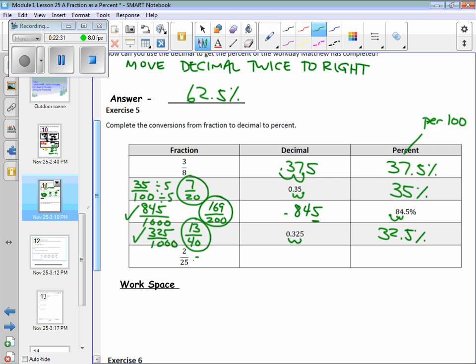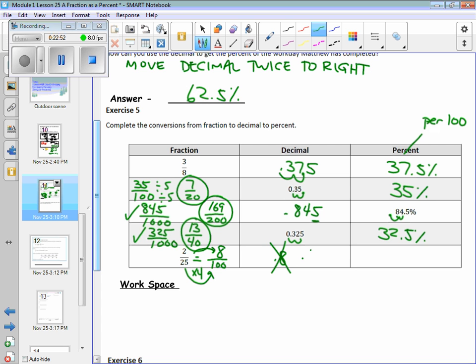2/25, 25 is a multiple of 100. So we can use the rainbow method or TRF. Times 4. And that's going to give you 8 out of 100. You just have to be careful when you create your decimal. It is not 0.8. That's 80%.